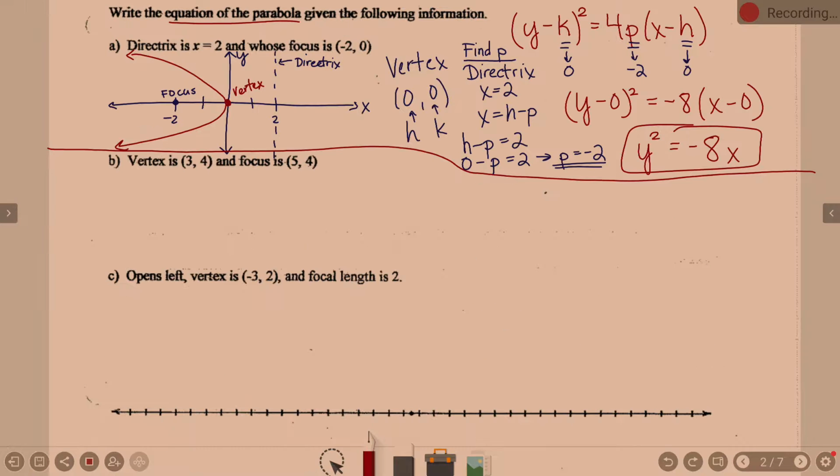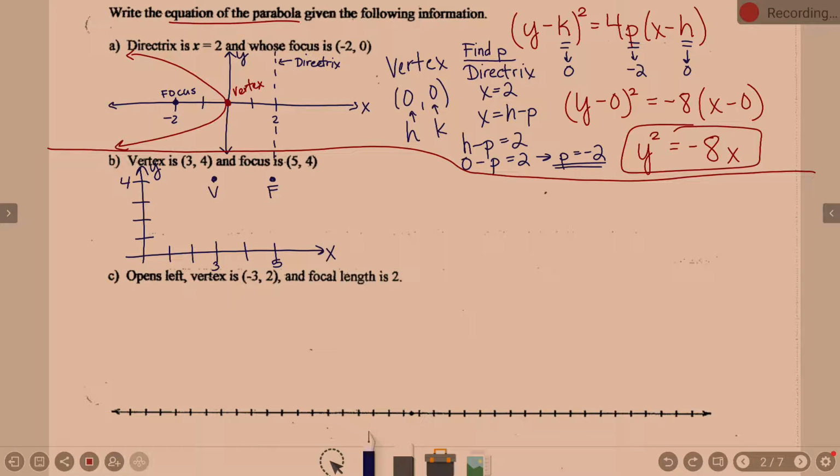Now, if you are not at all sure about what I just did with the chart, what am I going to say? Draw a picture. And you don't even have to draw the full picture, guys. You just have to visualize enough to know what you're doing. At (3, 4), I have a vertex. At (5, 4), I have a focus.